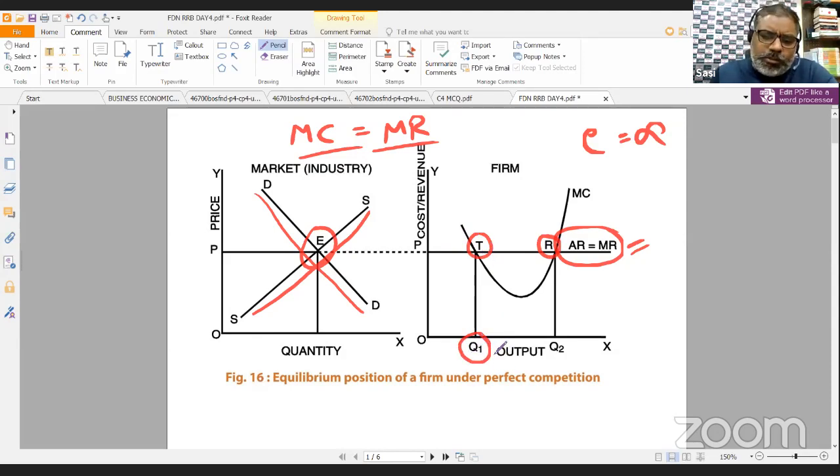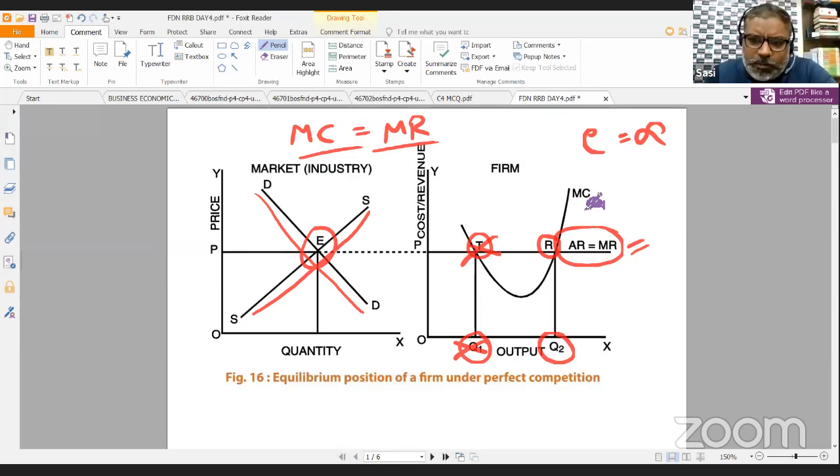Should the firm produce Q1? No, that is wrong. Why? Because the MC curve here is cutting the MR curve from above, whereas it is cutting from below at point R. So the quantity that a firm should produce and sell in order to maximize its profits under perfect competition in this example is Q2. Why is that?